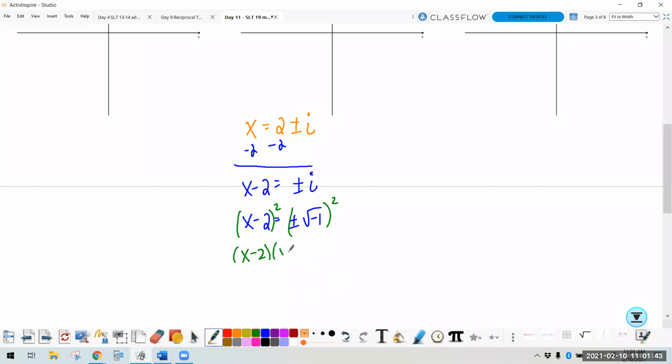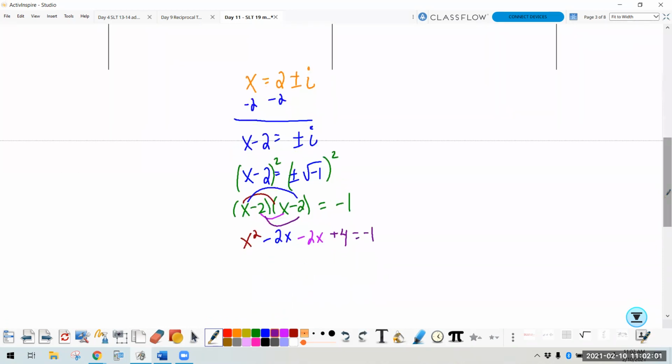So x minus 2 times itself. That's x squared, -2x, -2x plus 4. And then we know to solve, this would have been equal to 0.